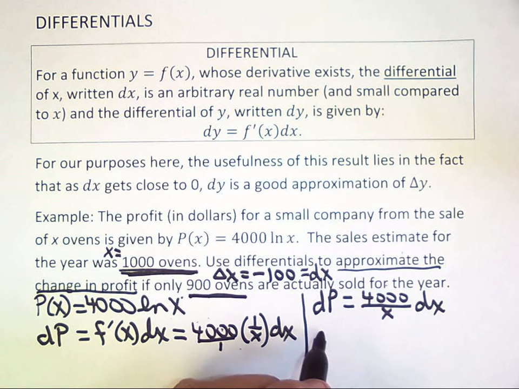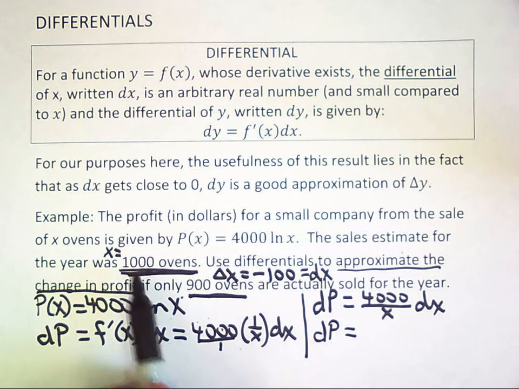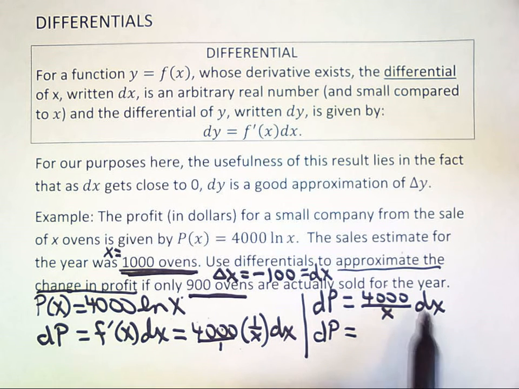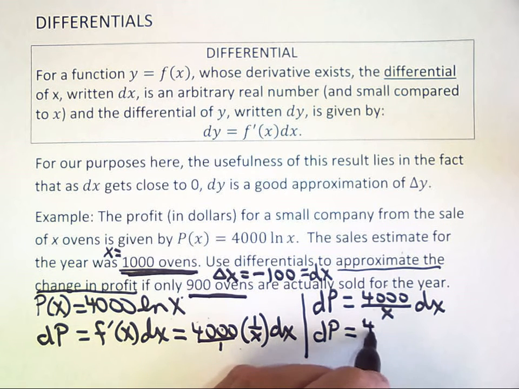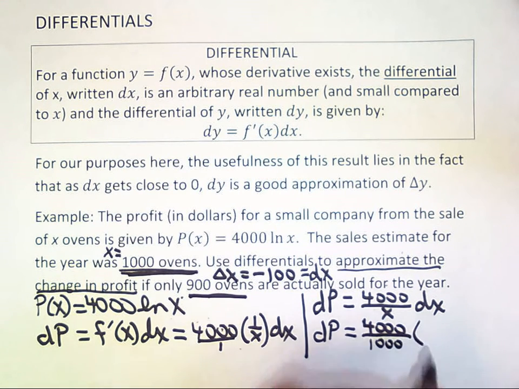So all I need to do to find the approximate change in profit is plug in 1,000 for x and negative 100 for dx. So I get 4,000 divided by 1,000 times negative 100.